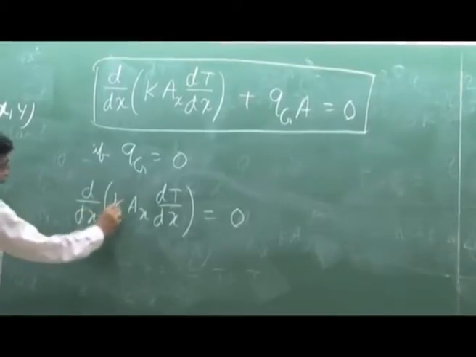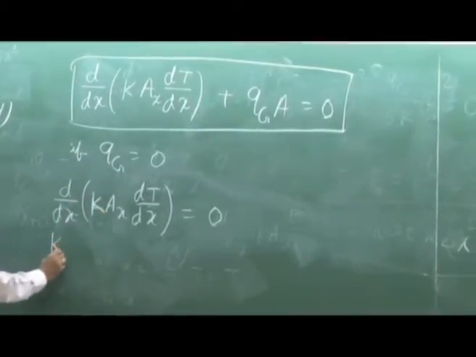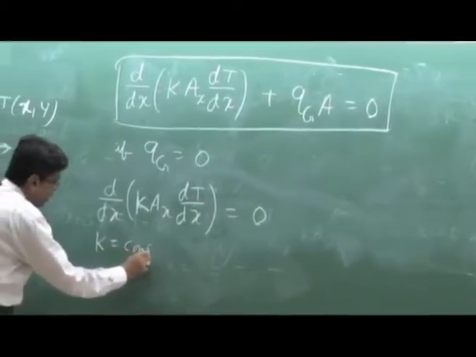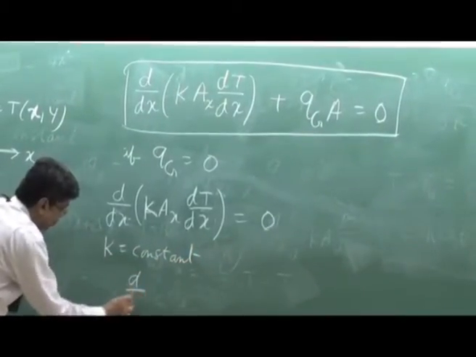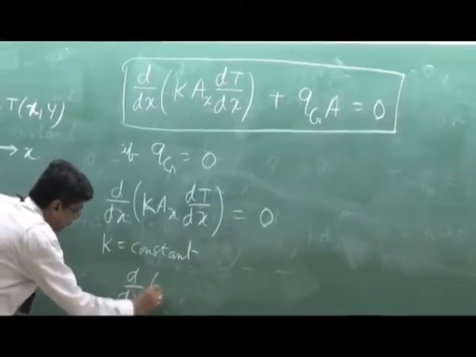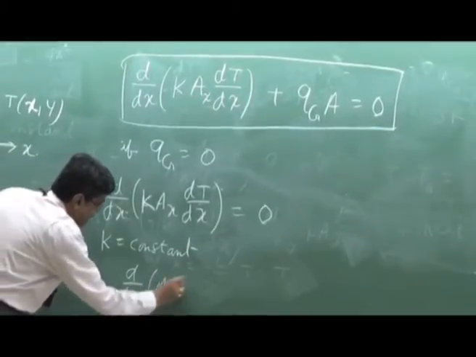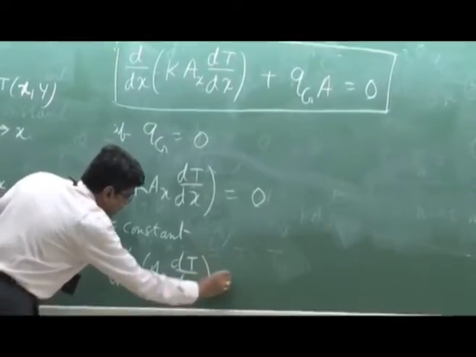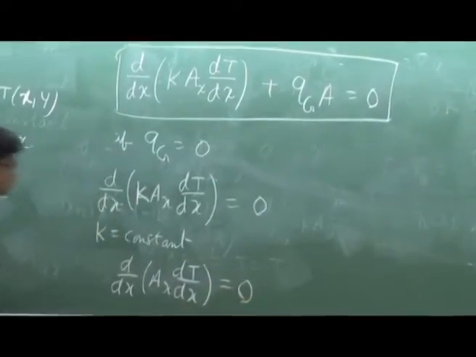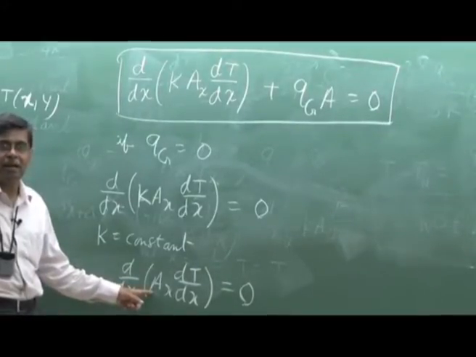And if we take K constant, thermal conductivity does not vary, then we come to this conclusion, d/dx of Ax dT/dx is 0. That means still we cannot say that dT/dx is constant, temperature is linear, because we are considering the variation of area.